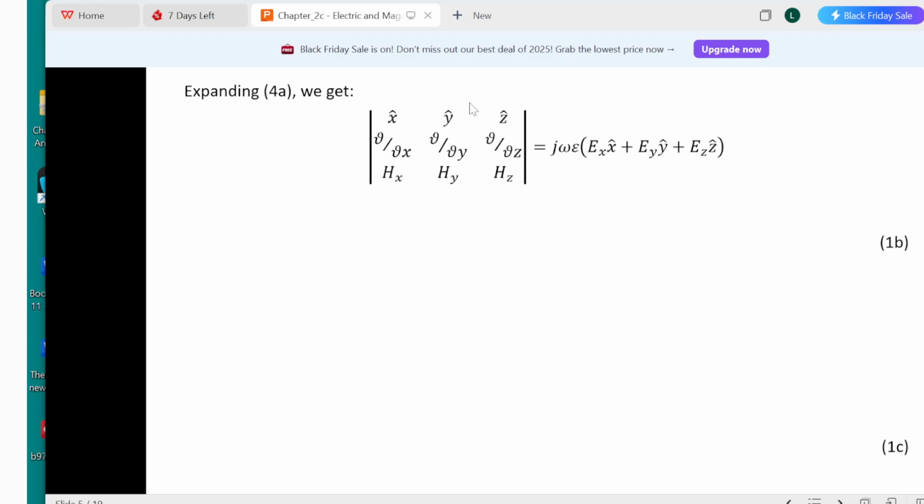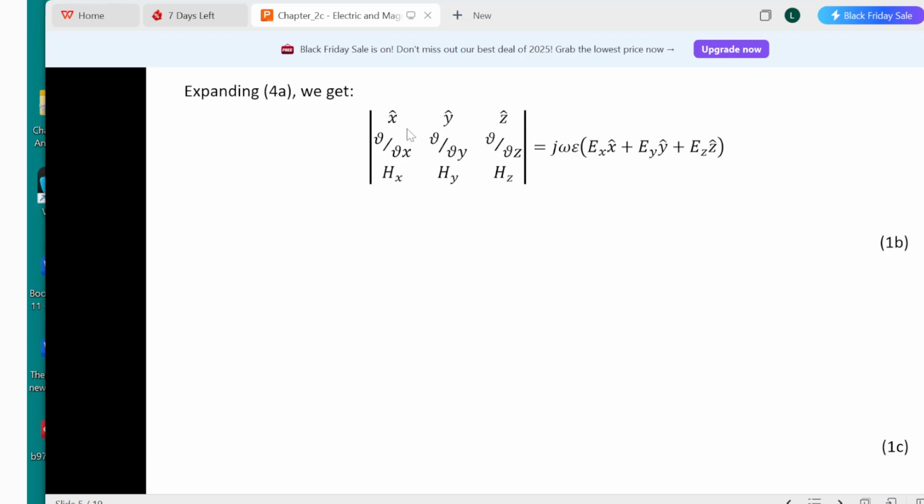The left-hand side represents the determinant form of the curl, and the right-hand side is just j omega epsilon times the electric field in three-dimensional space in vector form.